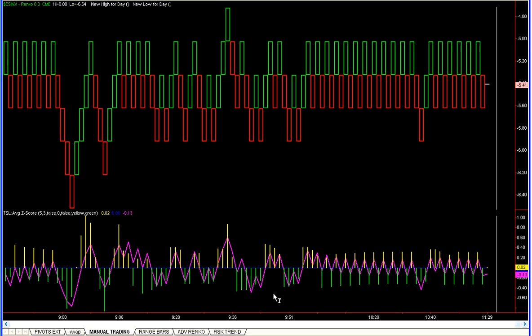So here's the rule. When you're watching the premium, which is a leading indicator, if you're going to go long, the z-score should be above the zero line, as well as sloping up. If you're going to go short, it should be below the zero line, sloping down.